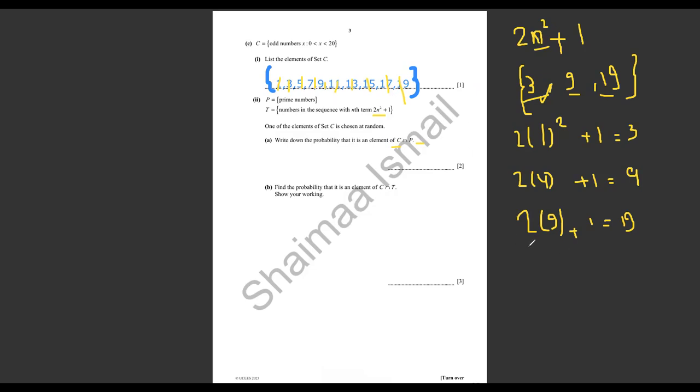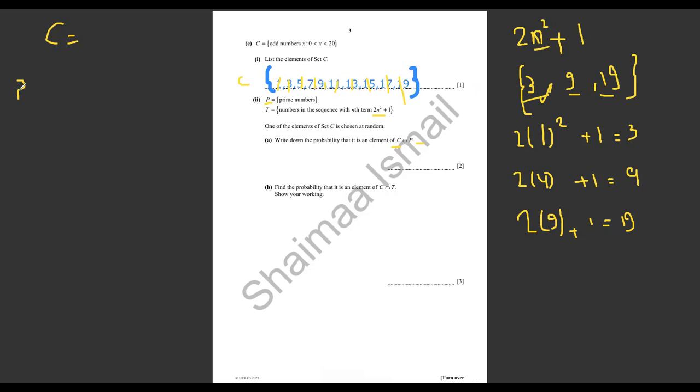Here we can also see, yeah, C here is equal to the odd numbers as we already wrote these 10 numbers. So that is C. P is the prime numbers.